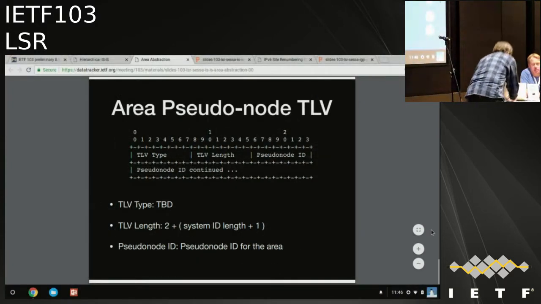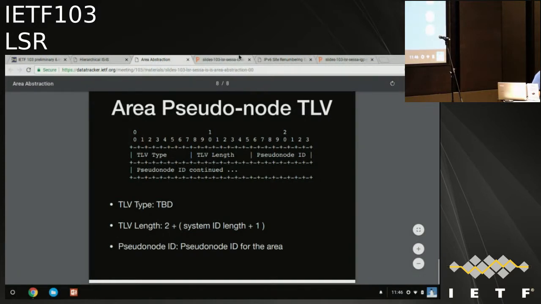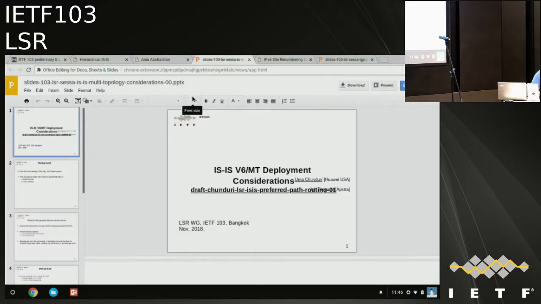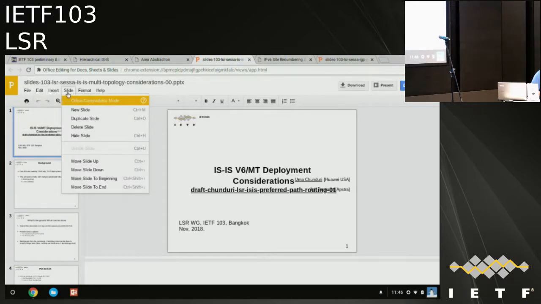I was just going to say I'd encourage everybody to read these. These are definitely interesting proposals. For the base mechanisms of the protocol, we really haven't extended them too much.